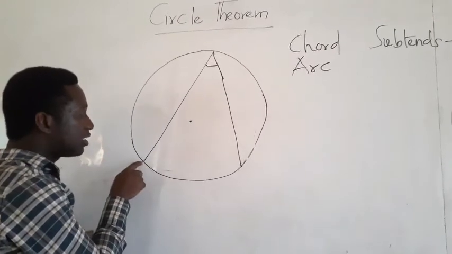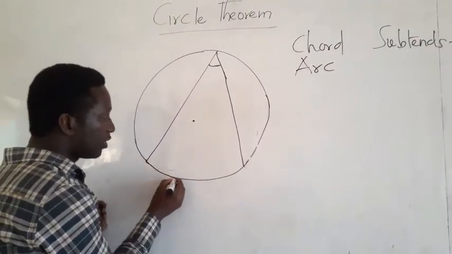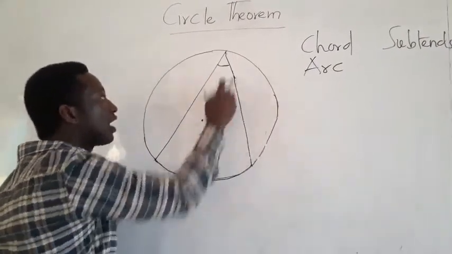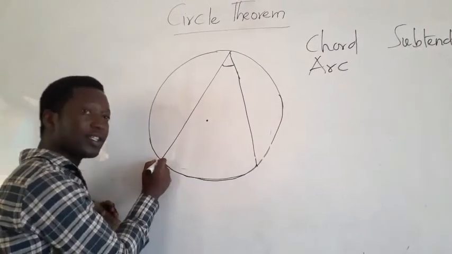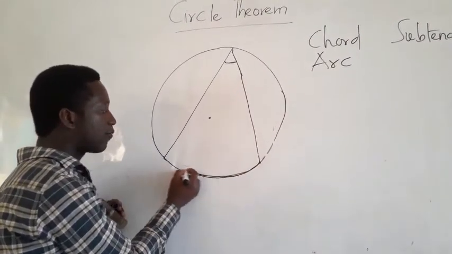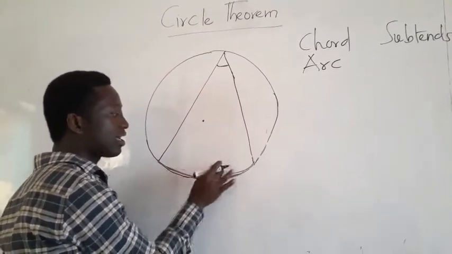Now, you see the distance from this point to the other points, these are the two lines, and these two lines originate from this point. So if I draw any arc from here to there, that distance we refer to as the arc.